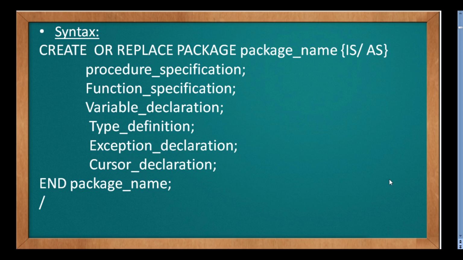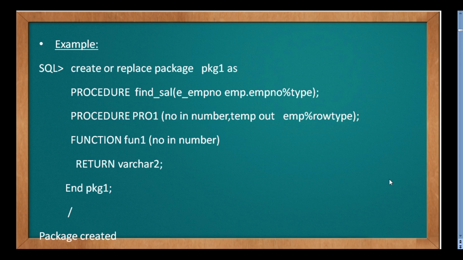Just see this example: create or replace package pkg1 as. Okay, I want to create a package with name pkg1. In this package I want to specify two procedures and one function. So the first procedure is to find the salary of a particular employee by taking a parameter as employee number. And coming to the second procedure, PRO1, this is also used to display the employee details by taking a parameter as a number.